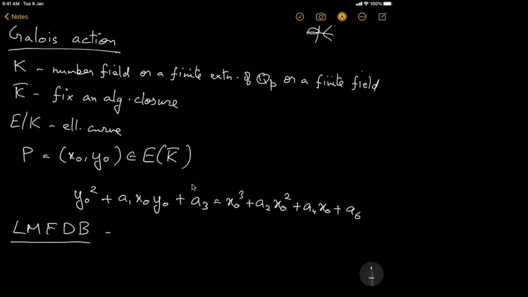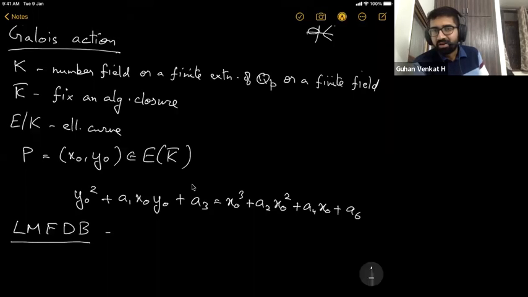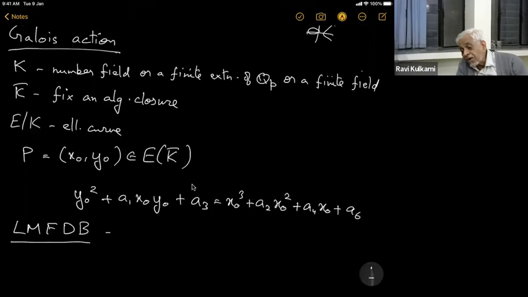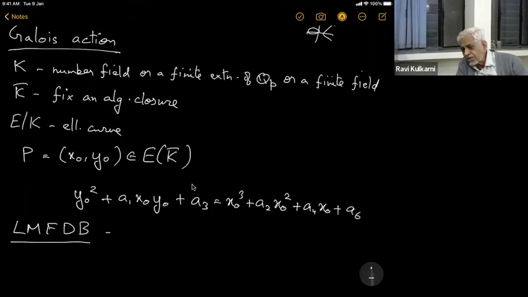Can it be 100, 1,000? I think the bound so far is 37 or so. There's no proven bound as yet, but there is empirical evidence up to that R. It's not a theorem.